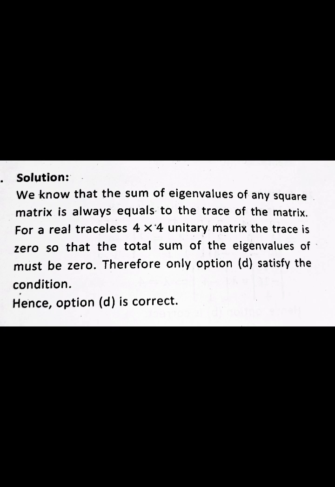So here the sum of the diagonal elements is 0. That means the sum of the eigenvalues must be 0. So if we look at the options, the eigenvalues should match in such a way that the sum should be 0. So the only value that matches is minus 1 and plus 1. If we take the sum, we get the answer as 0. So the answer is option D.